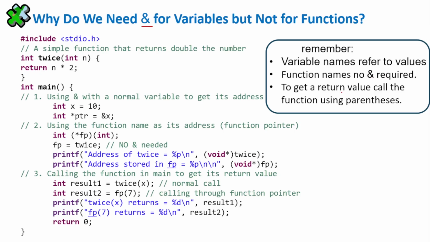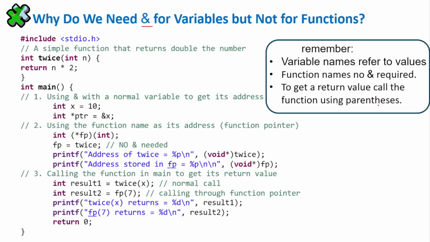However, to access the return value of a function, just writing the function name is not enough. The name only gives the address. It does not execute the function. To run it and get the return value, we must write the function name followed by parentheses and include the correct arguments.